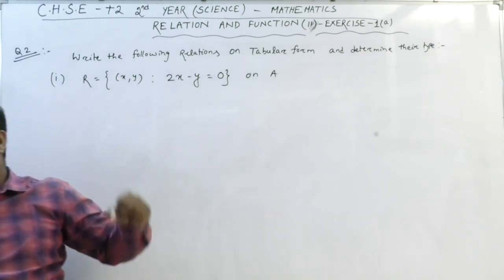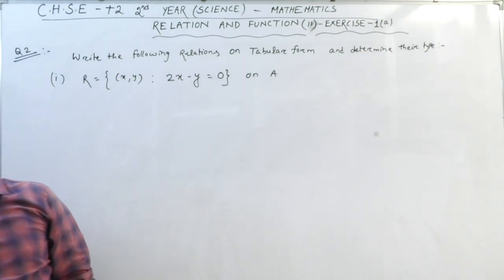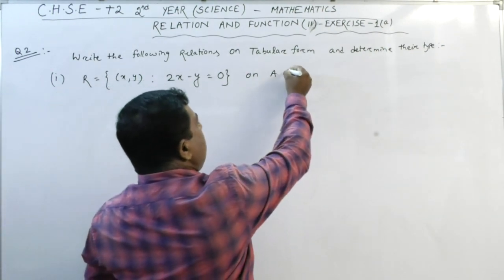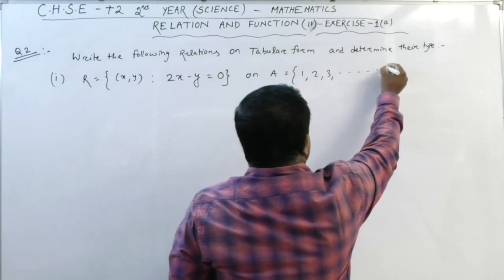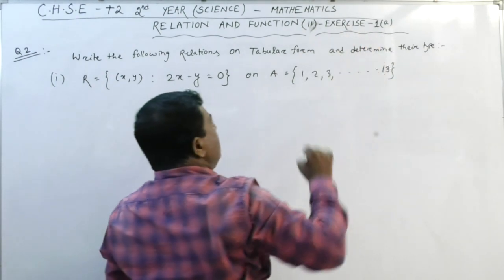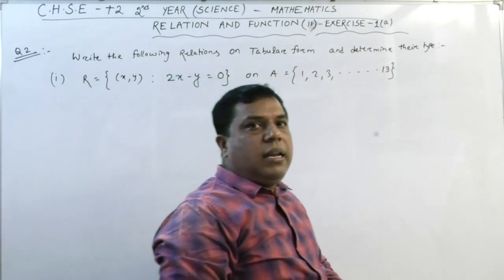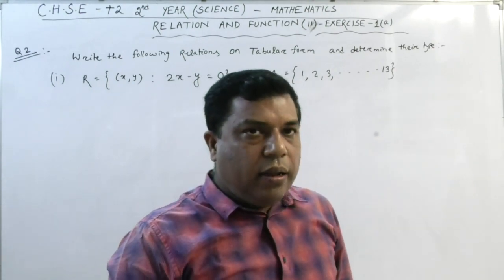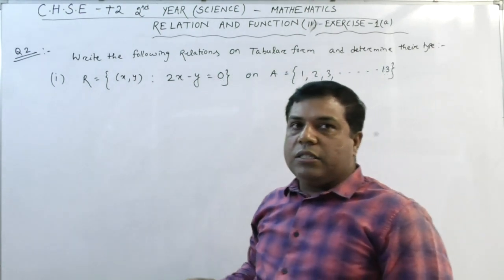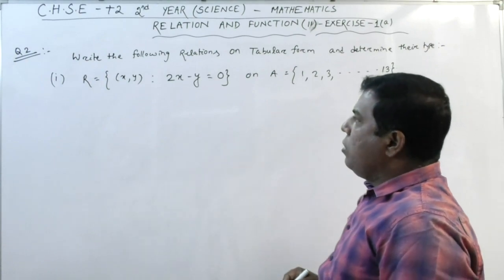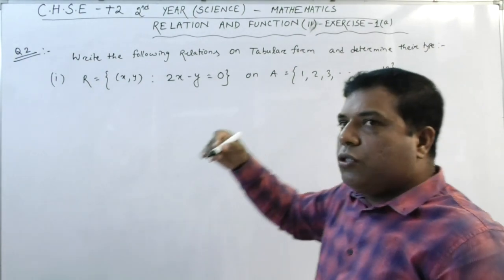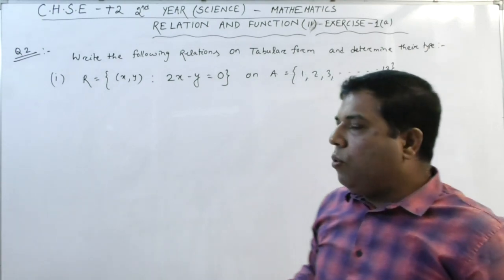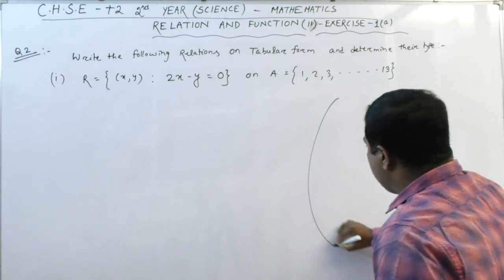And what is our set A? Set A contains the elements 1, 2, 3 up to 13. So this is our set A. That means on A, the relation is from the product set A cross A. That is the relation on A. You can also write it in pictorial mode for better understanding.